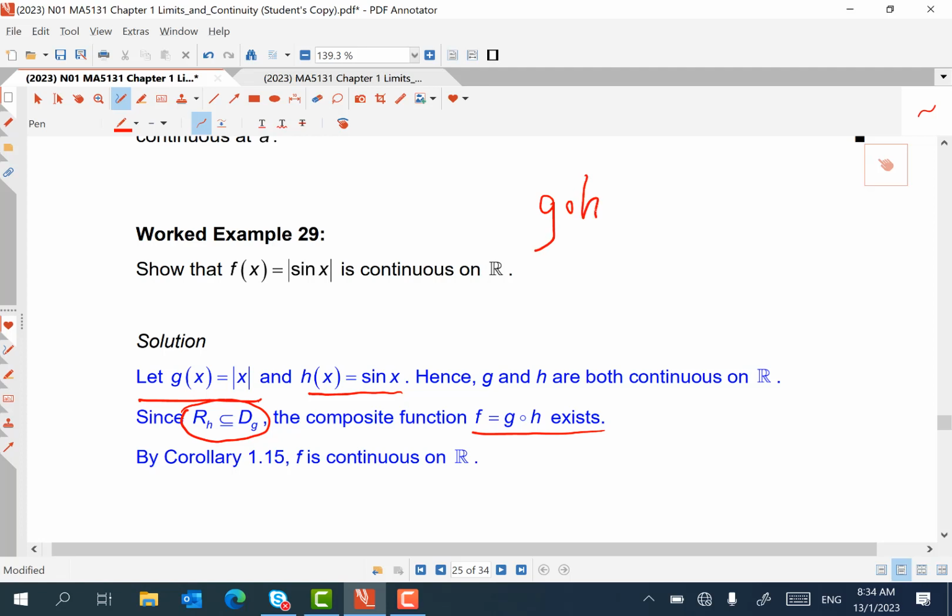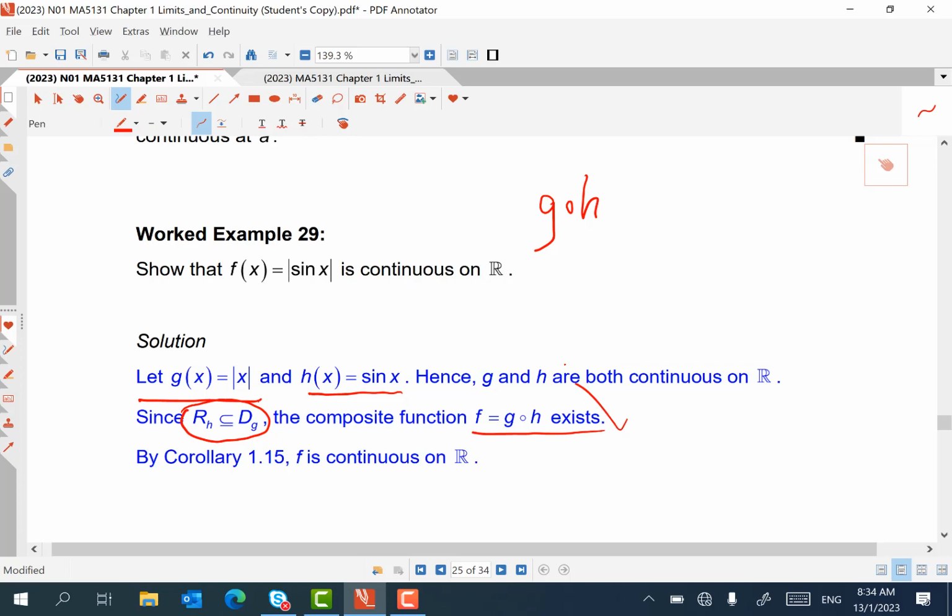For it to be a function, the range of one must be within the domain of the other. So in this case, the range of h is a subset of the domain of g, and hence this function exists.